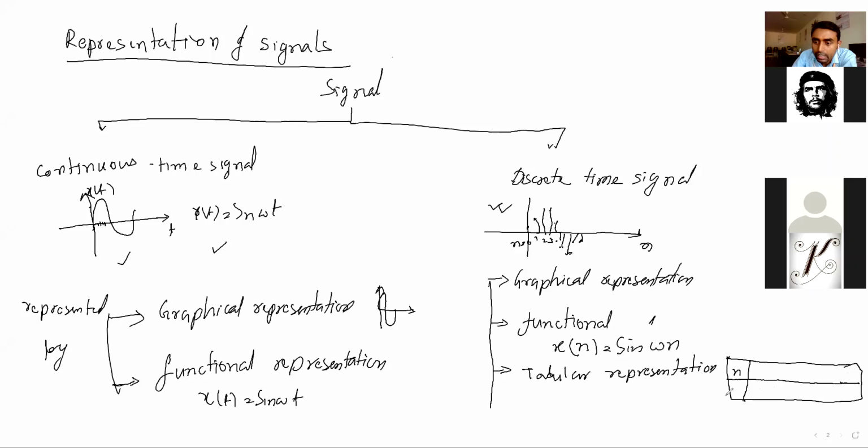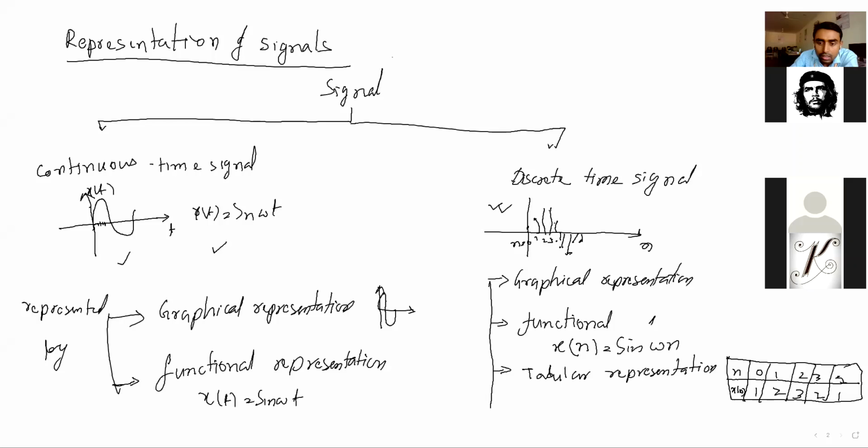We write n here and x(n) here. For the table, n is 0, 1, 2, 3, 4, and -1, -2 may also be there. So for n equal to 1, what is the value? Here we put the values like 2, 3, again 2, again 1, like that it goes.